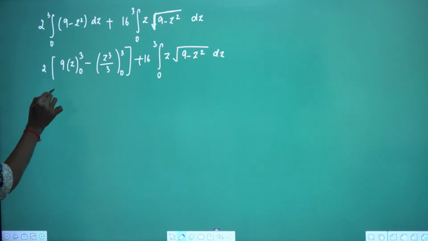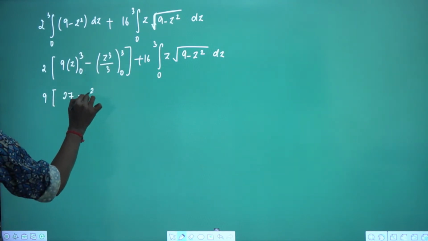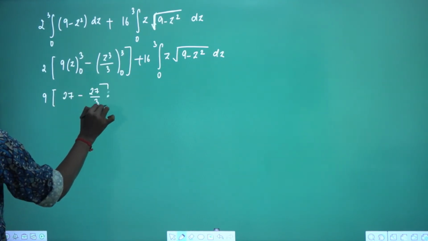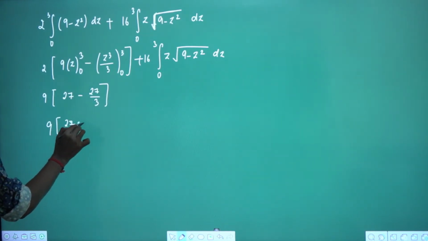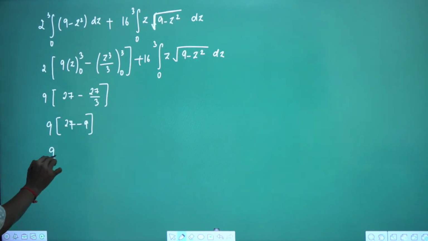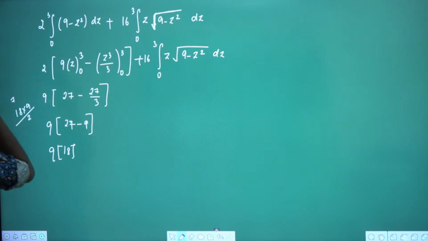This will be 9 times, this will be 27 minus, so 3 cube is 27 by 3, so 9. 27 minus 9, so 9 into 27 minus 9 is 18, so 18 into 9. 8 nines are 72, 9 ones are 9, 9 plus 7 is 16.